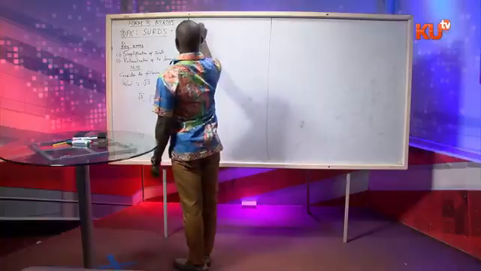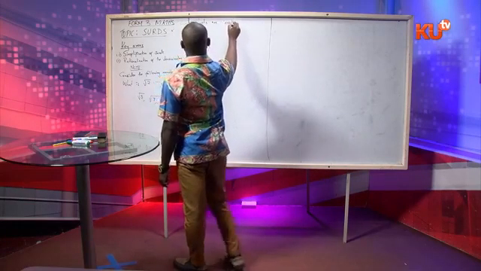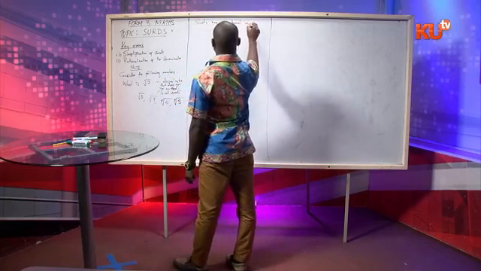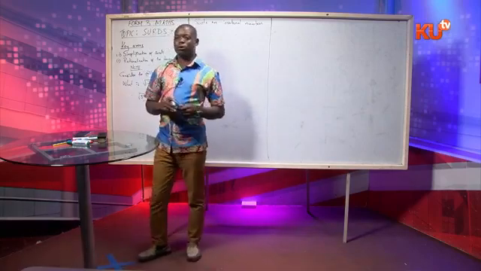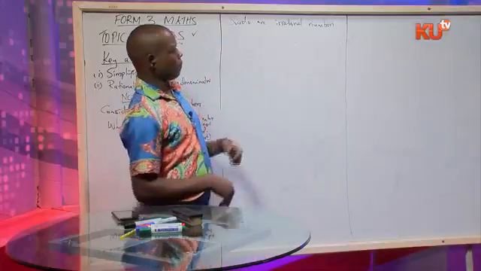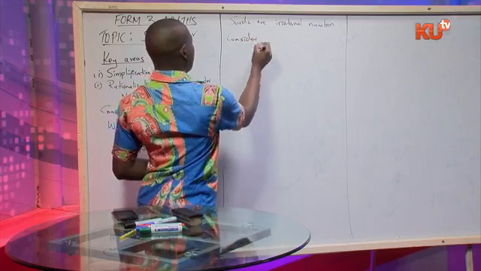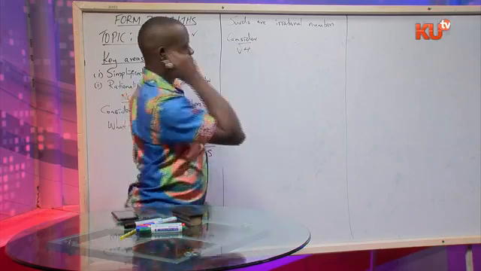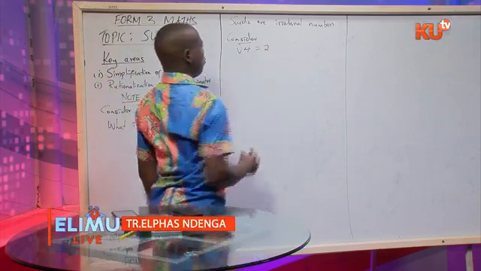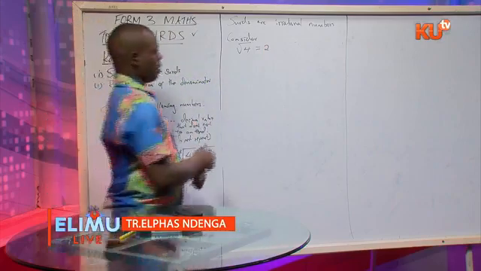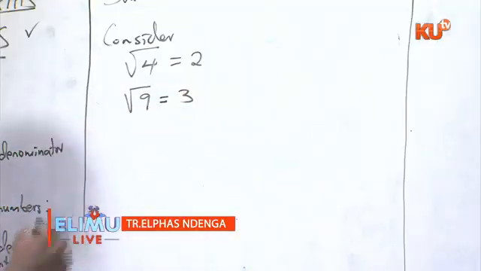And surds are what we call irrational numbers. Now consider the square root of 4. There is an exact value for the square root of 4, which is 2. The root of 9 is 3.